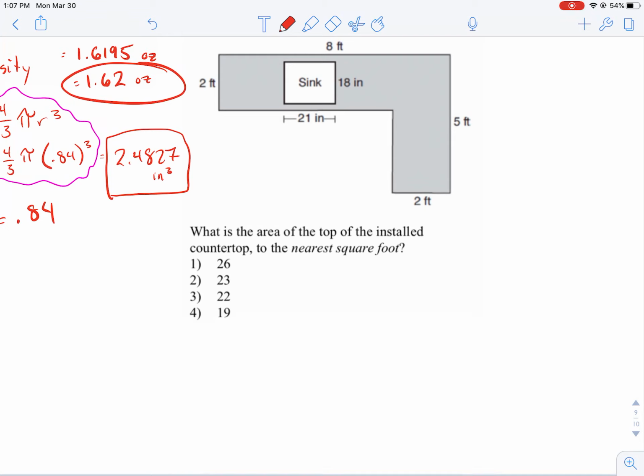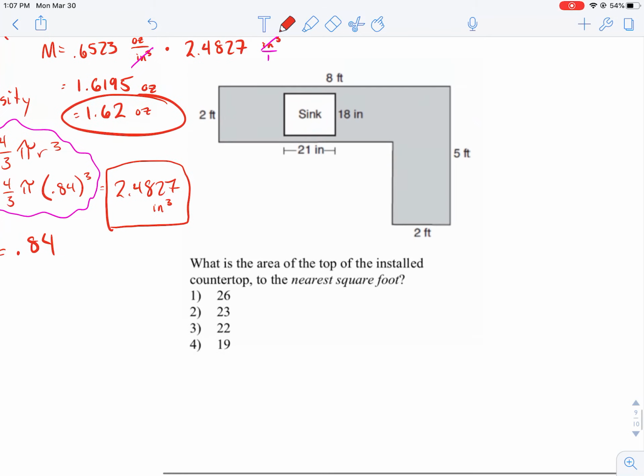Now, let's take a look at number 22. Even though the problem number's over here, the problem is located this way. So number 22. What is the area of the top of the installed countertop to the nearest square foot?